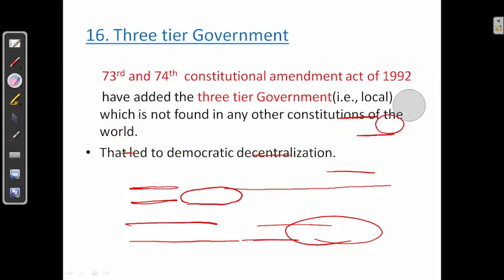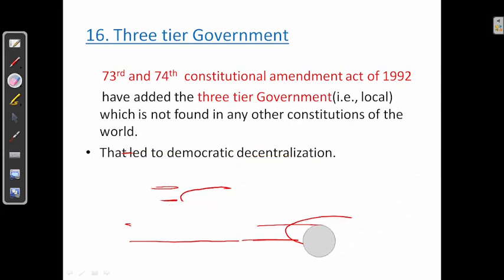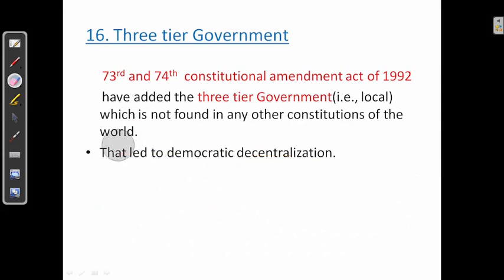Next, three-tier government. After center and state, there is one more: local government.